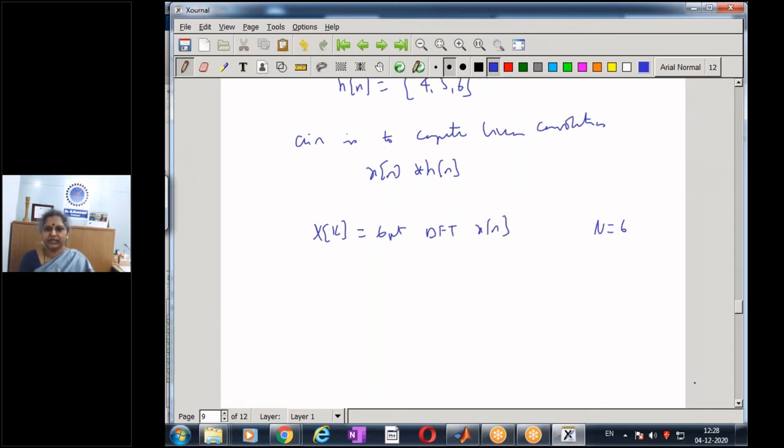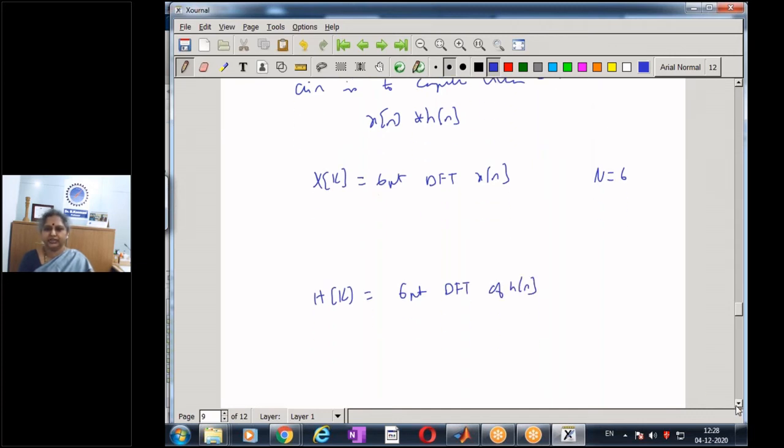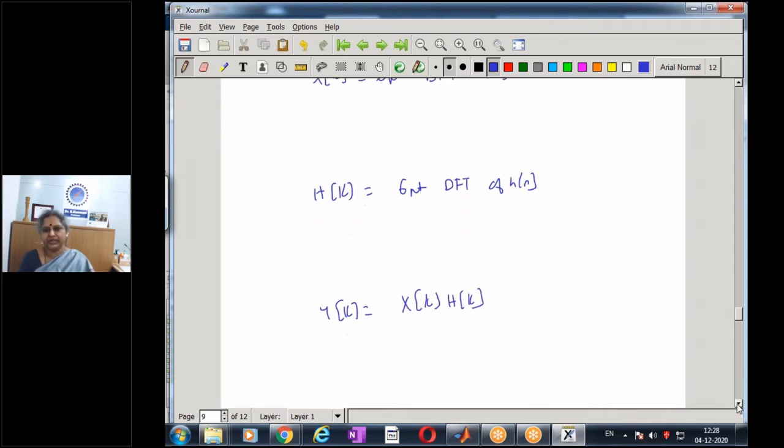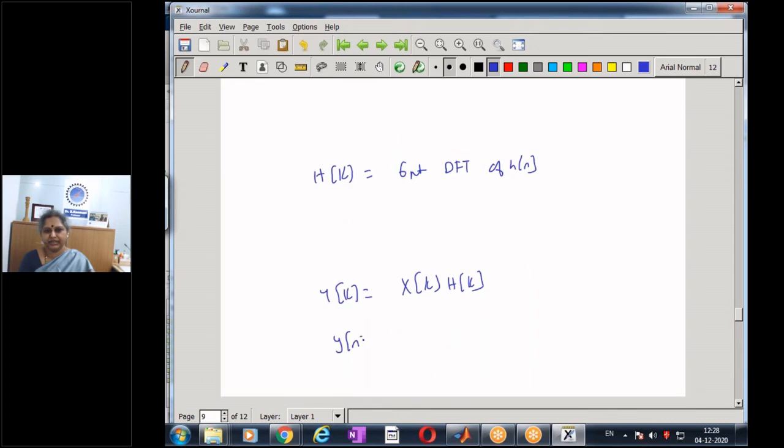Similarly, I also compute h of k, which is also a 6-point DFT of h of n. Then I will take the product, y of k, which is given by x of k into h of k. And then I will do an IDFT. Of y of k, I will get y of n.